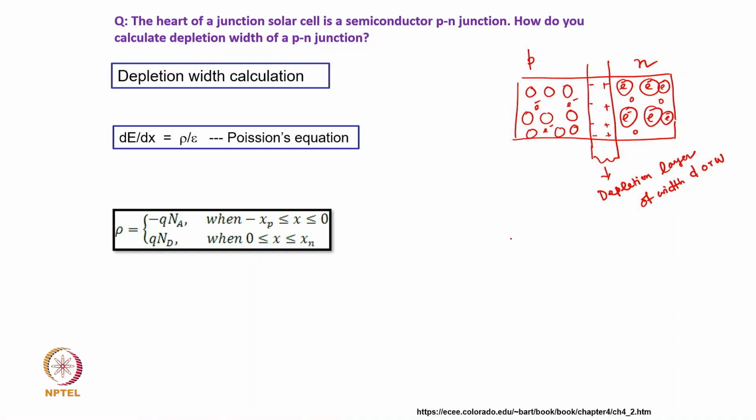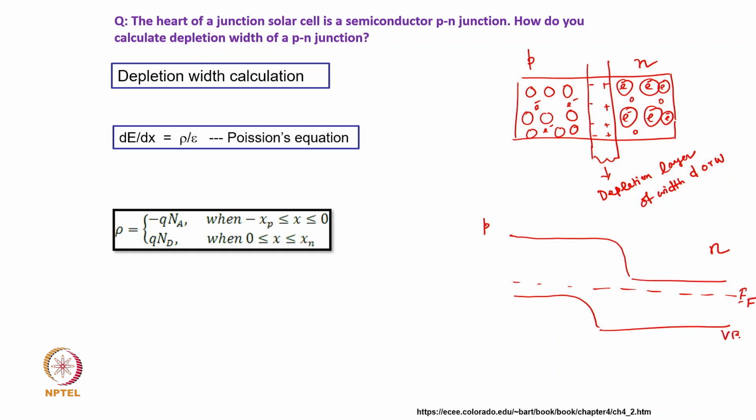But before that, if you look at this diagram, you have this p side and n side, and this is the Fermi level, this is the valence band, this is the conduction band, this is the valence band, this is the conduction band, and this is actually what you have generated.